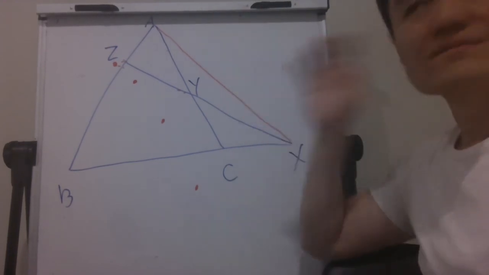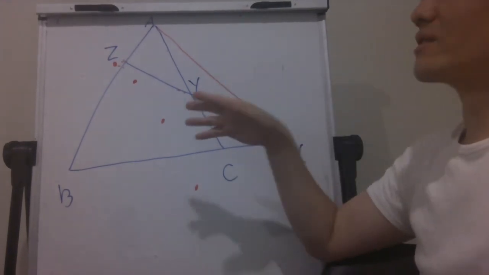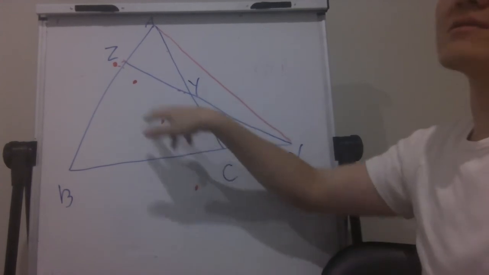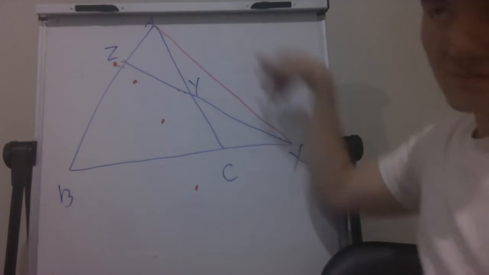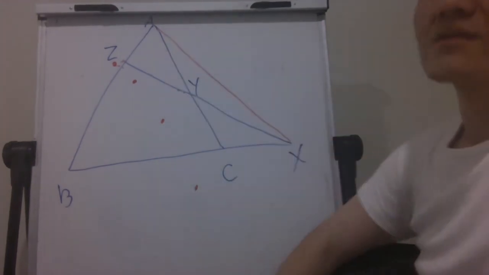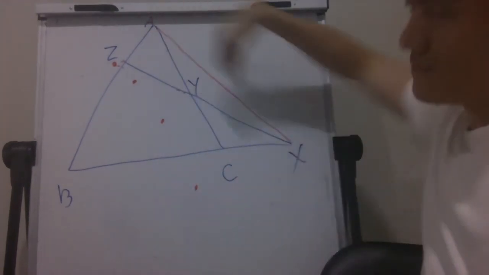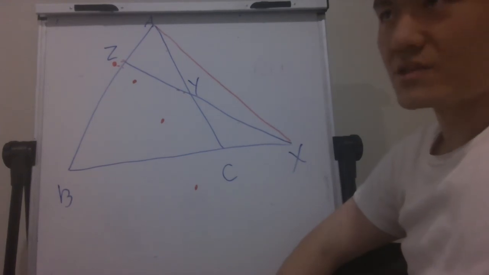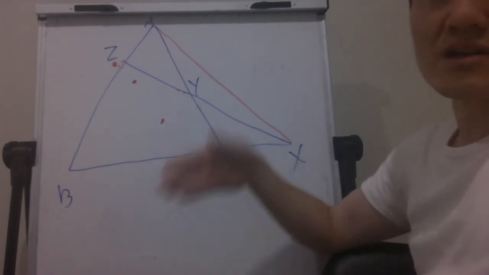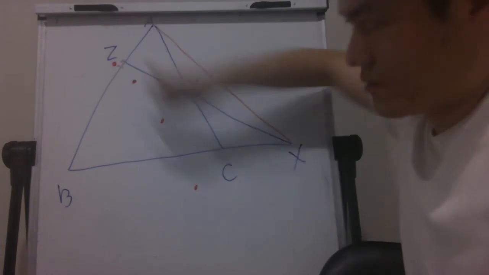I'm trying to say that all of these orthocenters have that property with all these circles that have these sides as diameters. So all the circles have a common radical axis, and it's the line that goes through all the orthocenters.